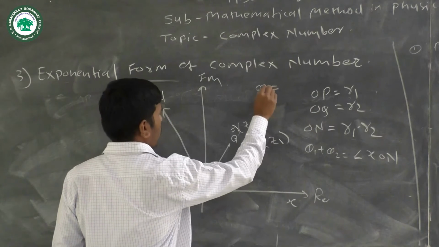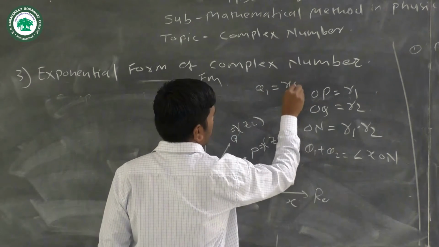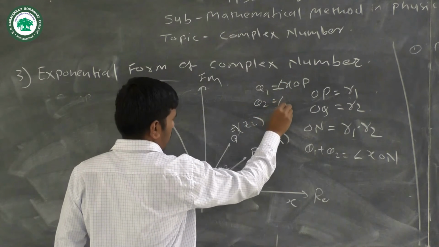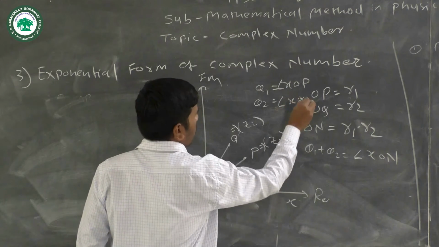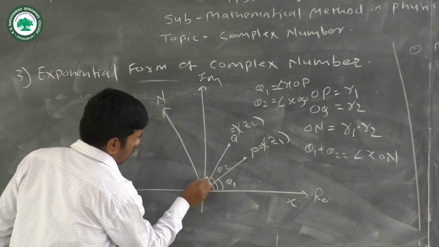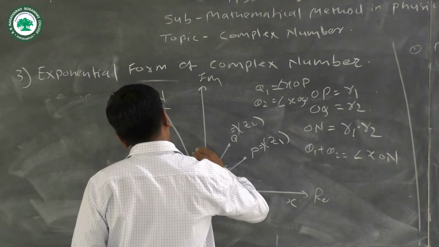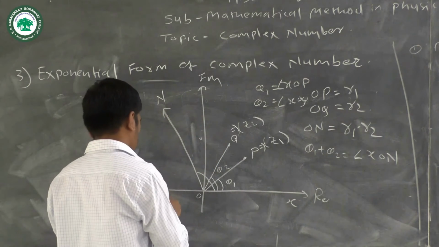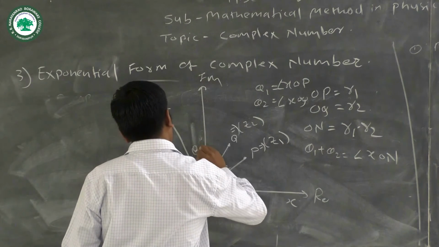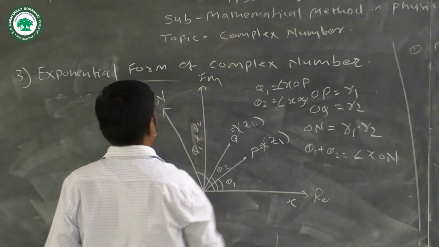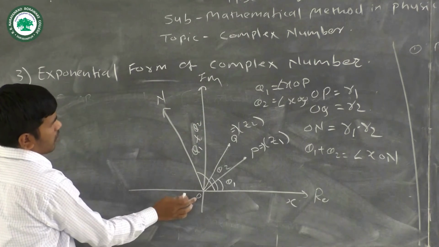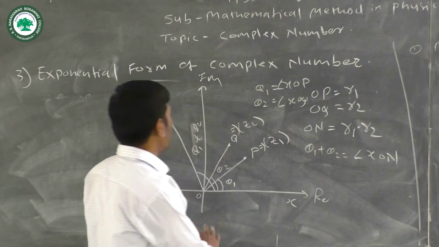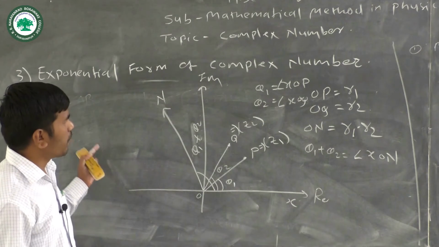Theta 1 is the angle XOP, and theta 2 is the angle XOQ. So this angle is theta 1 plus theta 2, and the magnitude ON is equal to r1 into r2. This is the representation of the product of two complex numbers.